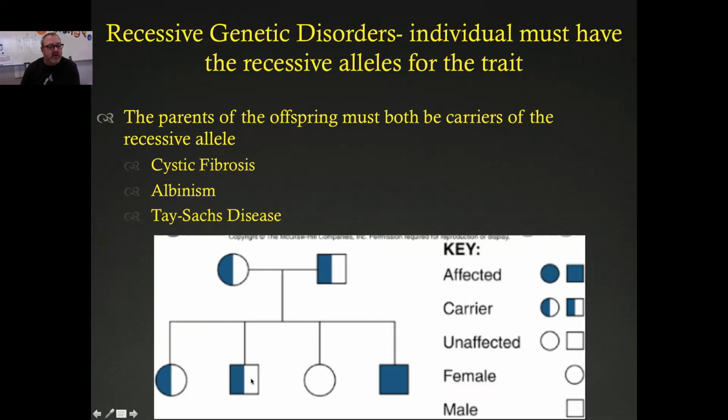The son is a carrier but unaffected. The other daughter is not even a carrier. She's unaffected. And then there's a son that is affected, right? So if that son is affected, they're obviously not considered a carrier. They're considered to have it. So they have the recessive form for both of the alleles. I mean, there are 2 alleles, and both of those 2 are the recessive form.